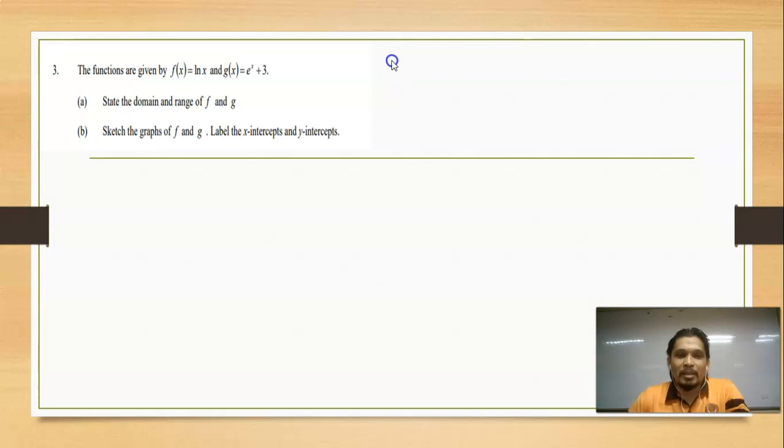Okay, now f(x) equal to natural log of x. Given a function y equal to natural log of x, if I substitute x equal to 1, natural log of 1, the result equals 0, which means that when x equal to 1, y equal to 0.